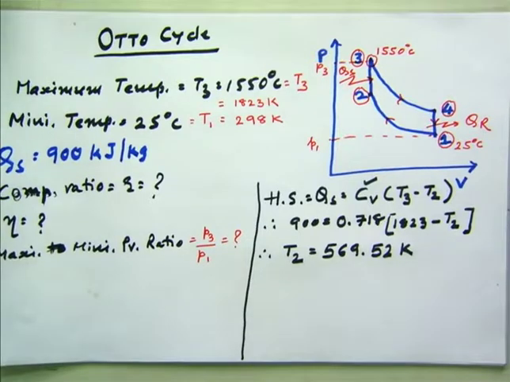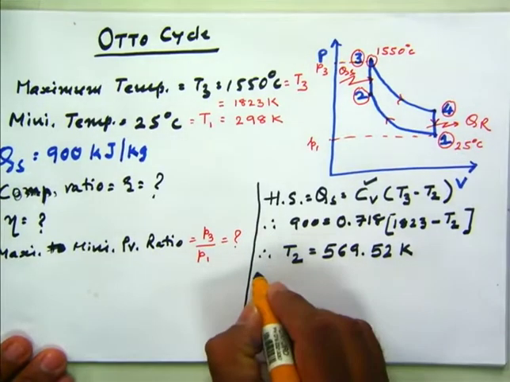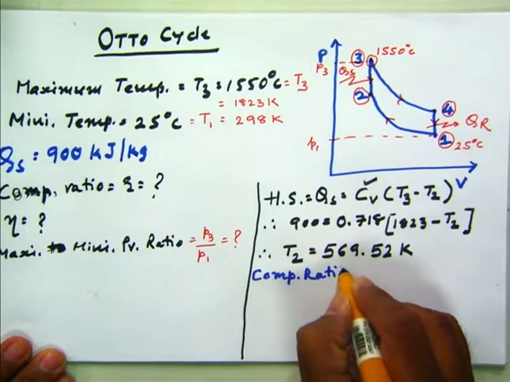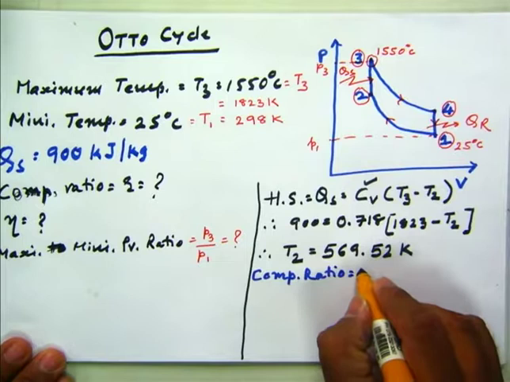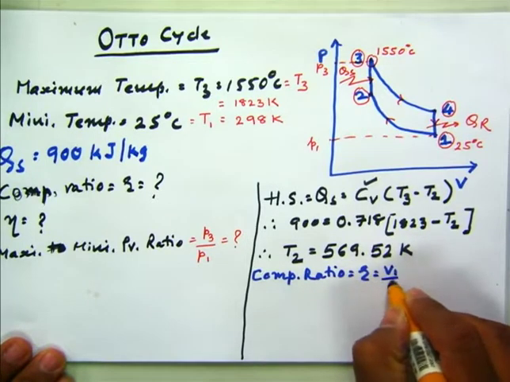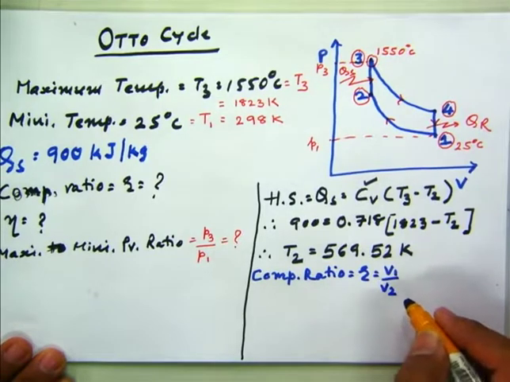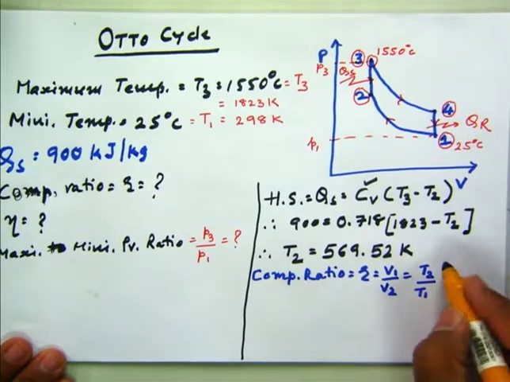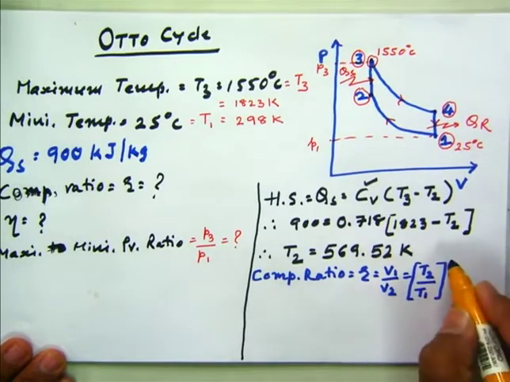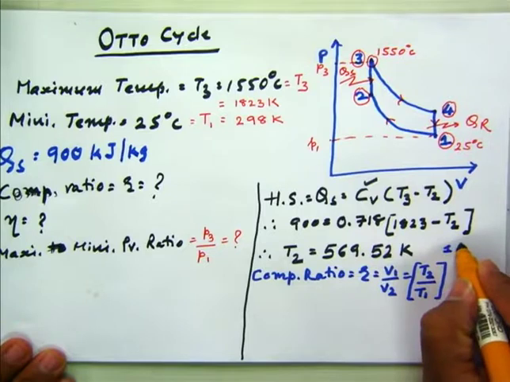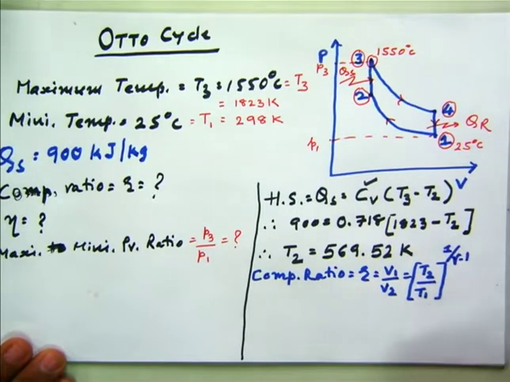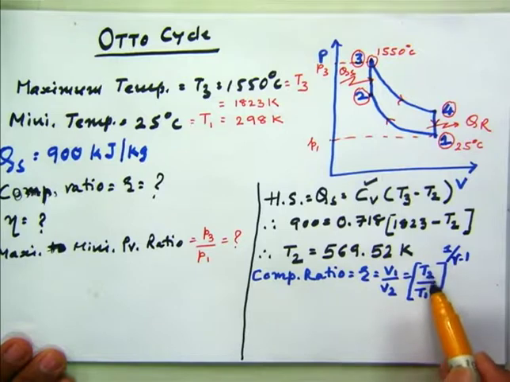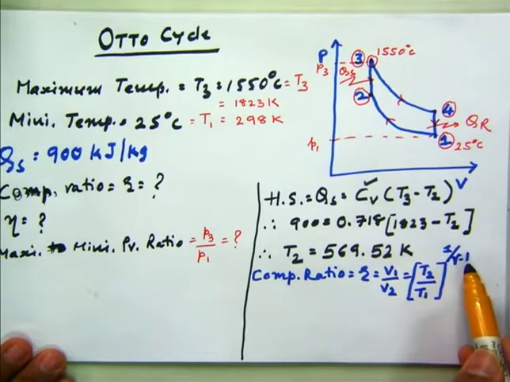So the compression ratio R is equal to V1 upon V2, which is equal to T2 upon T1 raised to 1 upon gamma minus 1.